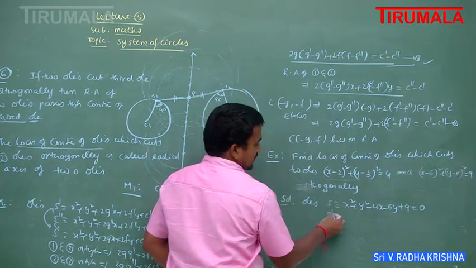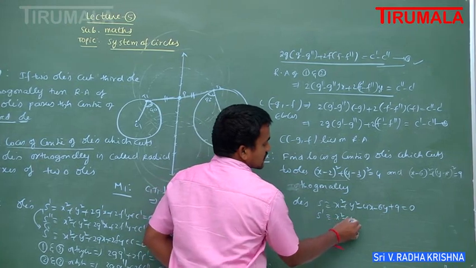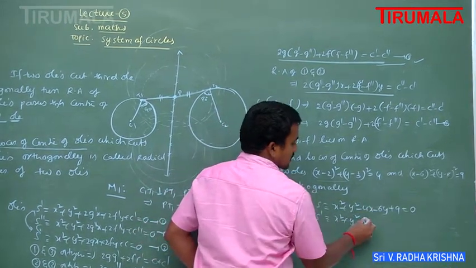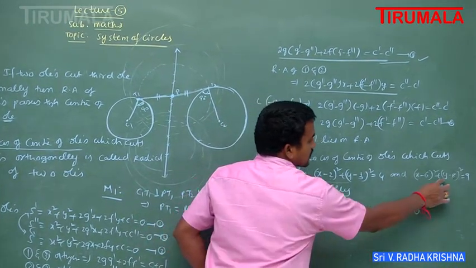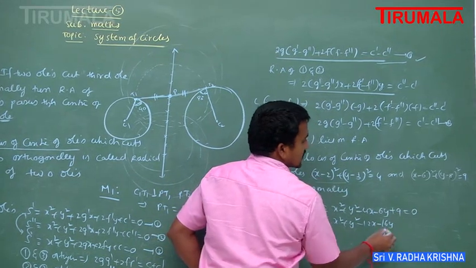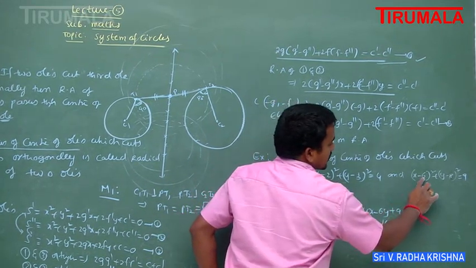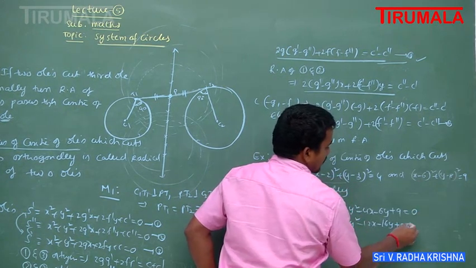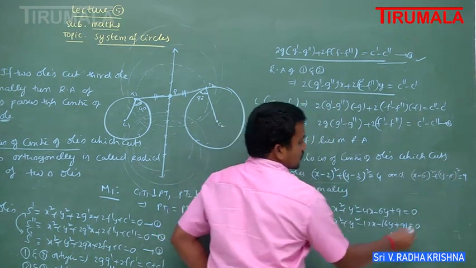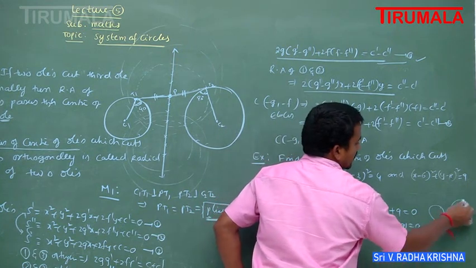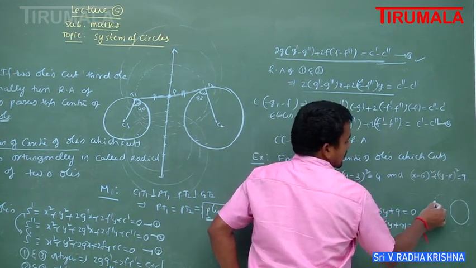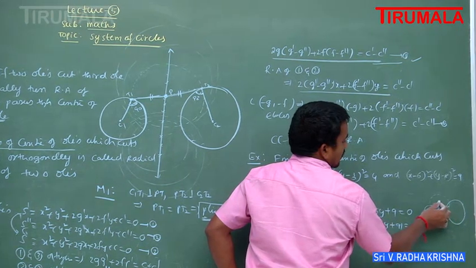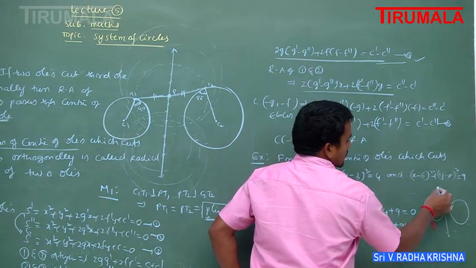The second circle is x² + y² − 12x − 16y, here 36 + 64 = 100, minus 9, plus 91, is equal to 0. So given two circles, find the locus of the centers of circles which cut them orthogonally. This is called the radical axis simply.